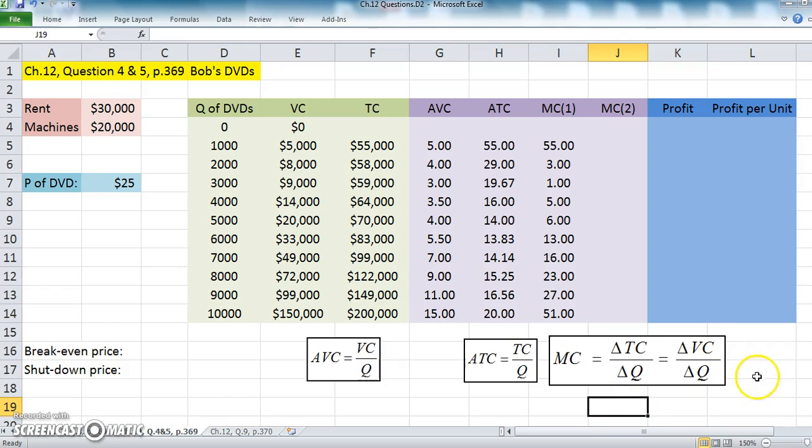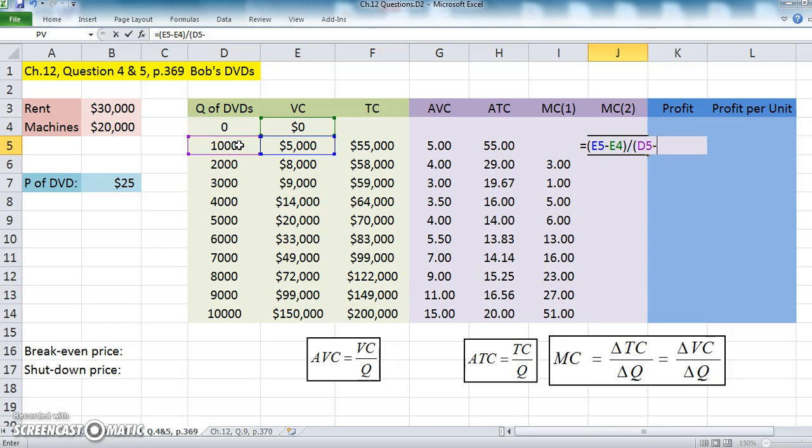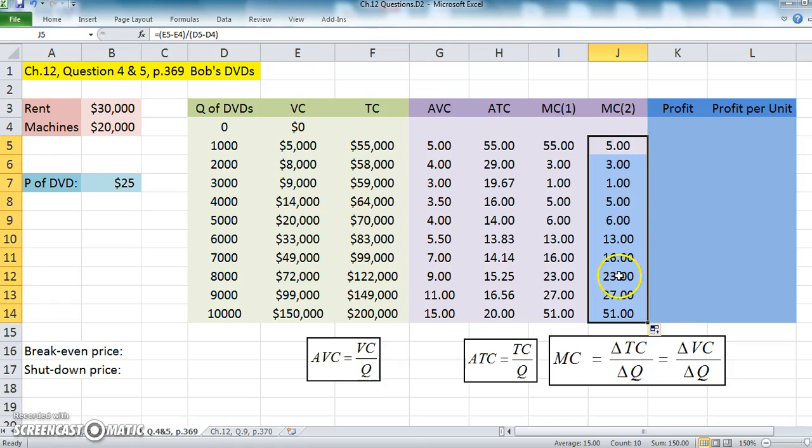Okay. So just to check our calculations, or check our theory, we could do this: the change in variable cost divided by a change in quantity. And then, yes, we have the same values for either way of calculating the marginal cost.